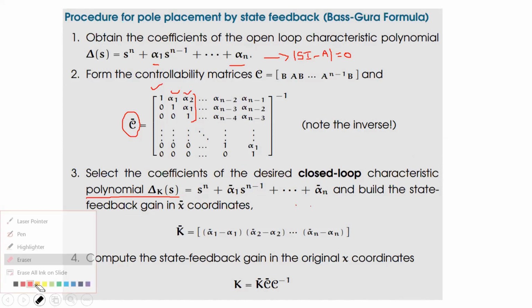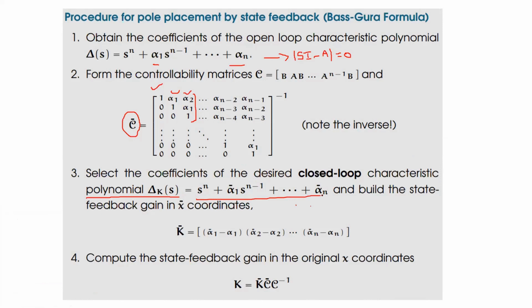Let the closed loop polynomial coefficients be as follows. This is A1, the next coefficient would be A2, the next coefficient would be A3, and so on. What is K bar?